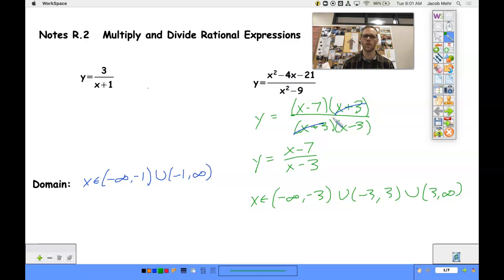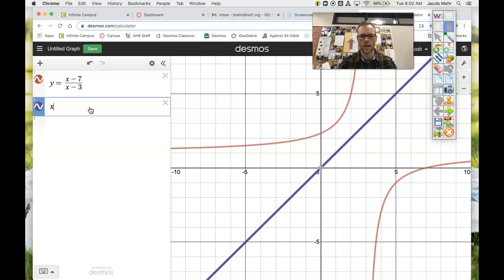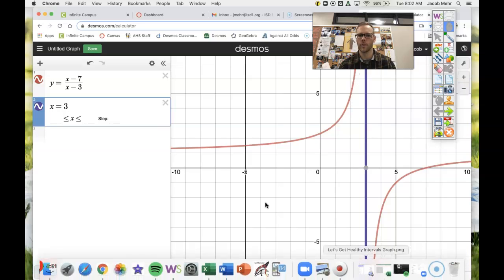Okay. Now let's take a look at the graph just to confirm this. If I were to graph just x minus 7 over x minus 3, it looks like this. And we see very clearly that x equals 3 is not in the domain. If I type in x equals 3, that's the vertical asymptote right there. All right?